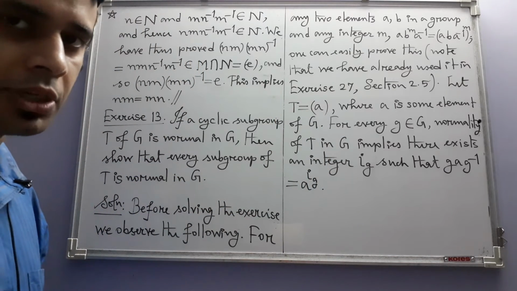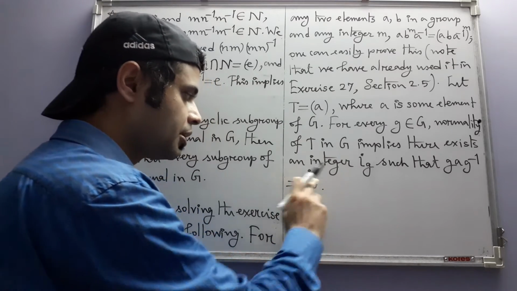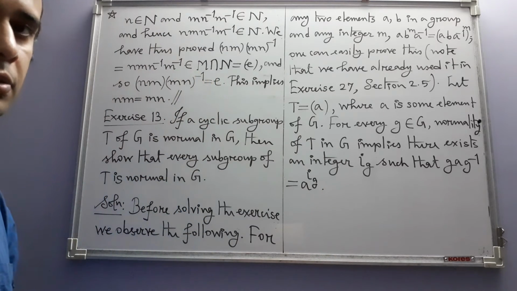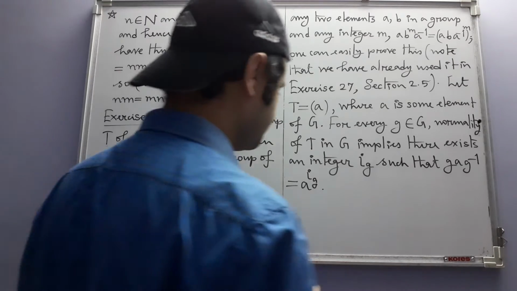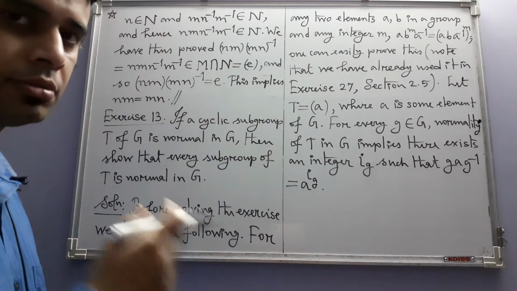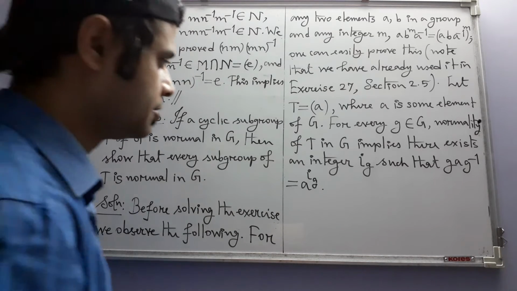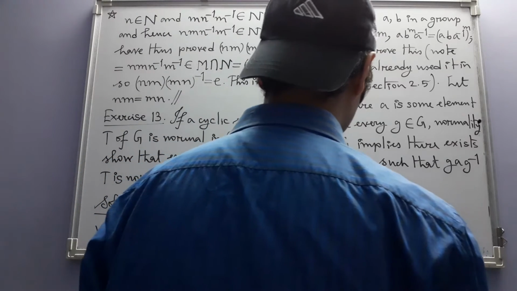That's because T is being generated by a. So that corresponding exponent is being taken as i_g, and this i_g will change depending on g. You keep changing g, you will possibly get different i_g's. Okay.